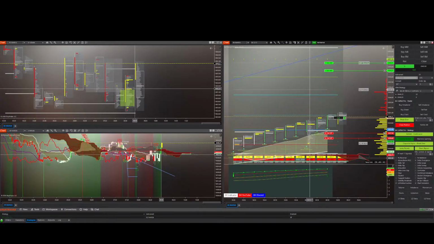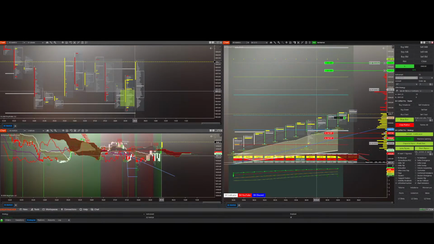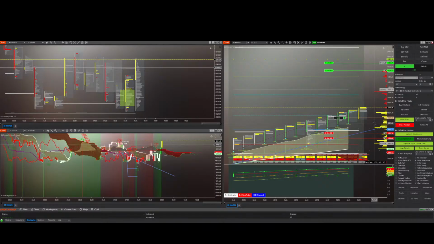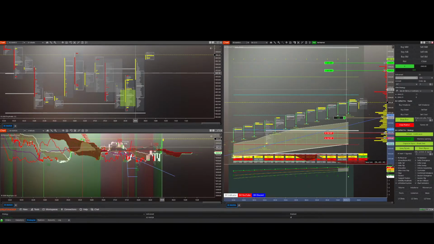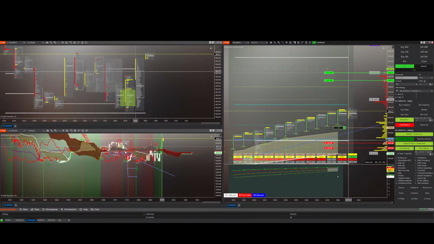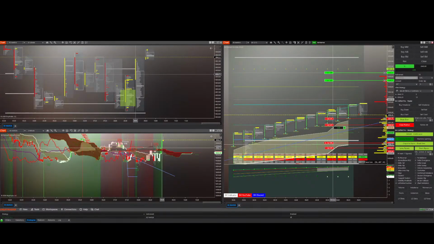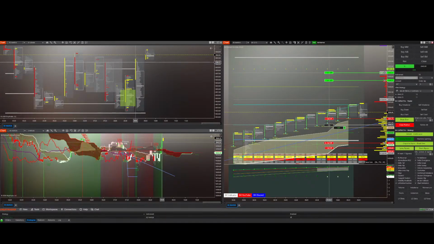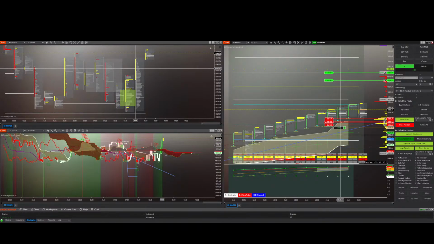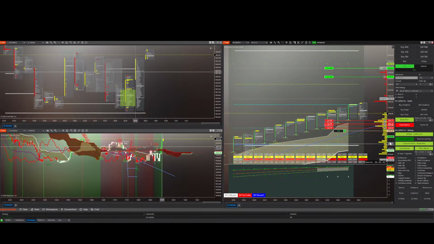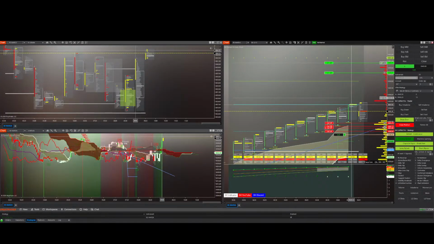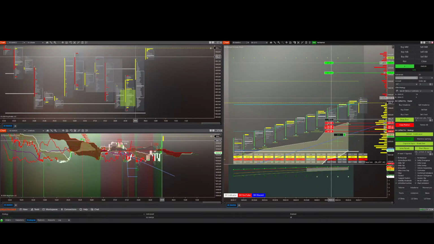We had a lot of volume here, and some volume here. I'm thinking when we break through that area, we're going to skate all the way up to here. That's why I went ahead and placed a resting order up there. We made it exactly to where we expected it to go.